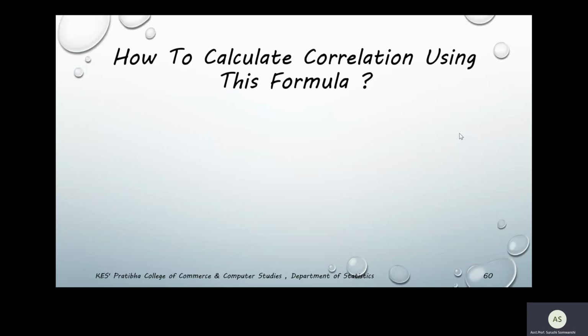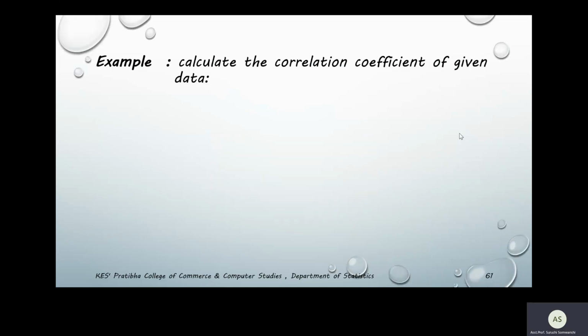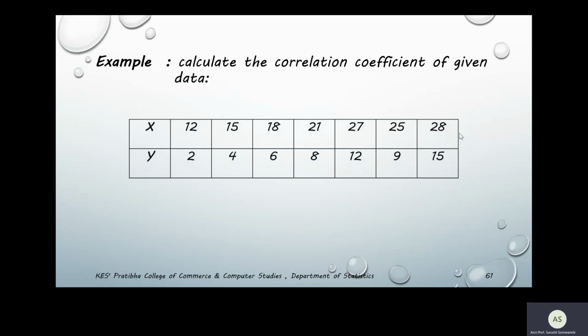So let's see how we are going to calculate the correlation using this formula given by Karl Pearson. Let's consider one example where we want to calculate the correlation coefficient for the given data. The data is given for x and y values, where x values are 12, 15, 18, 21, 27, 25, and 28, and y values are 2, 4, 6, 8, 12, 9, and 15.